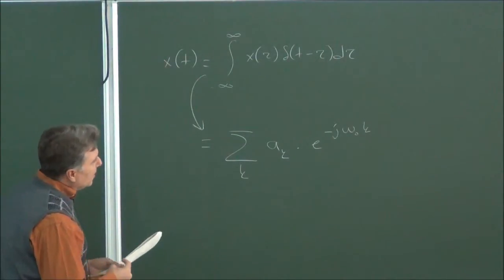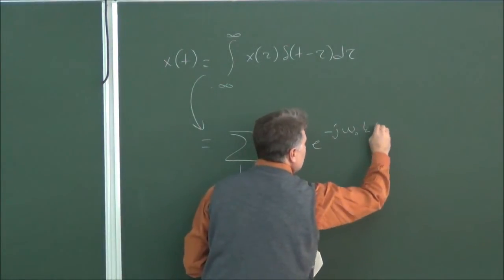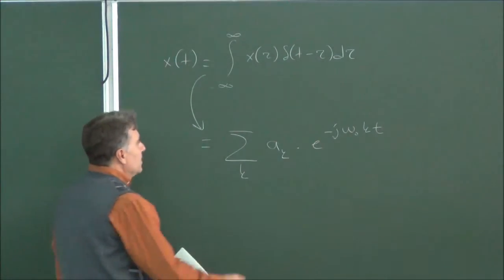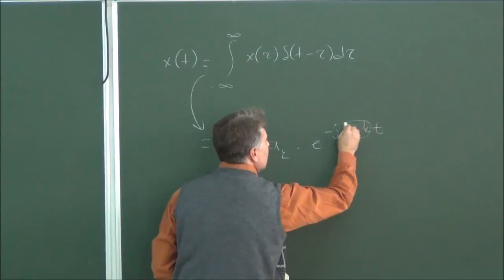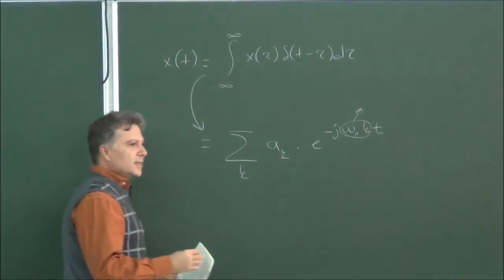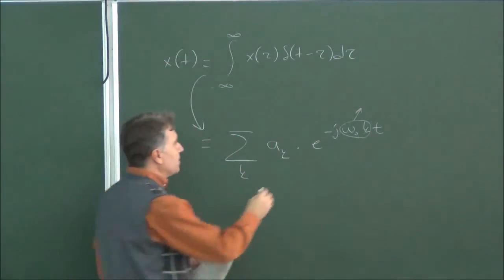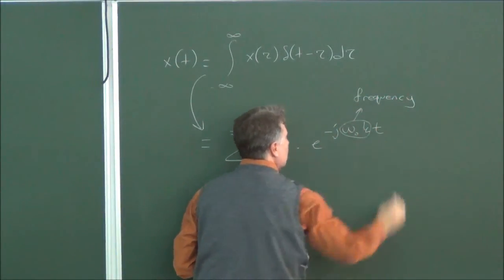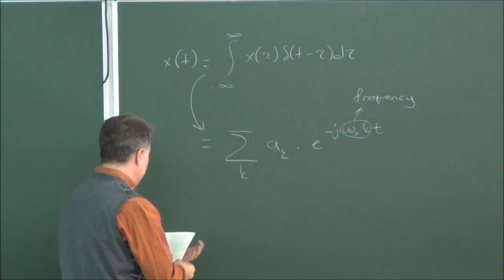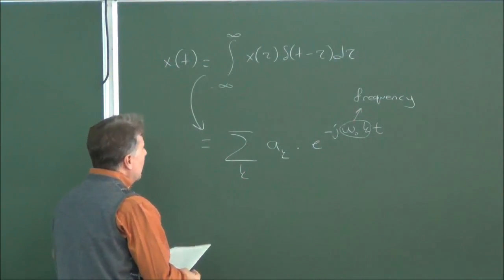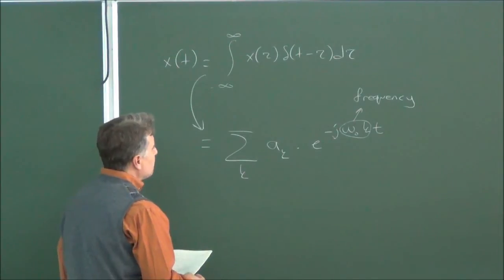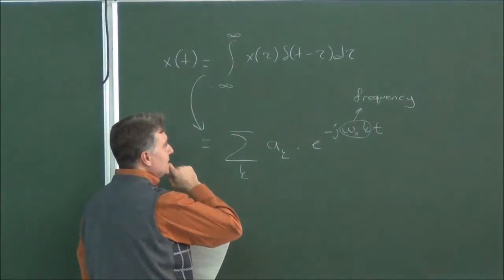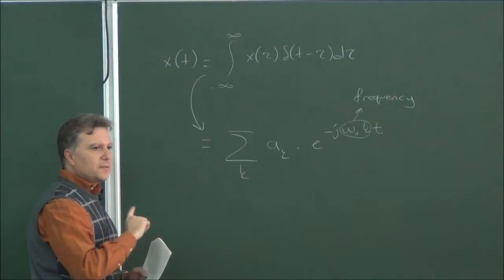We can put times t. Sorry, we need to put something like this. This omega 0 times k will correspond to a specific entity which is called the frequency. And this frequency, on the other hand, as you can see, is not continuous on the frequency axis.